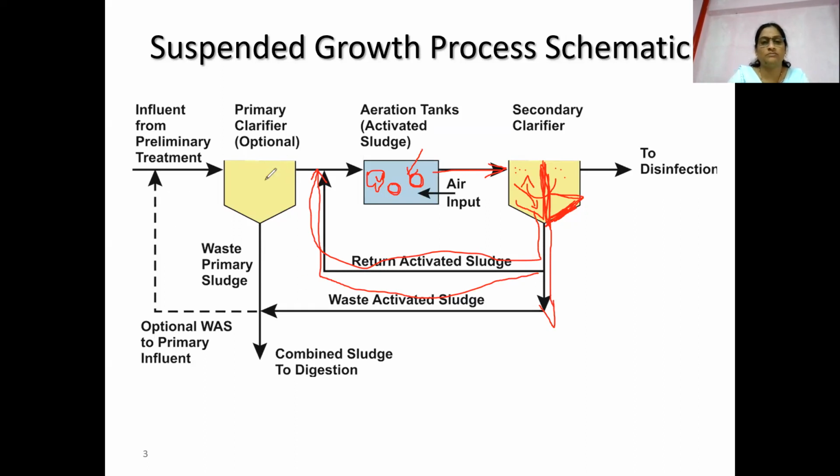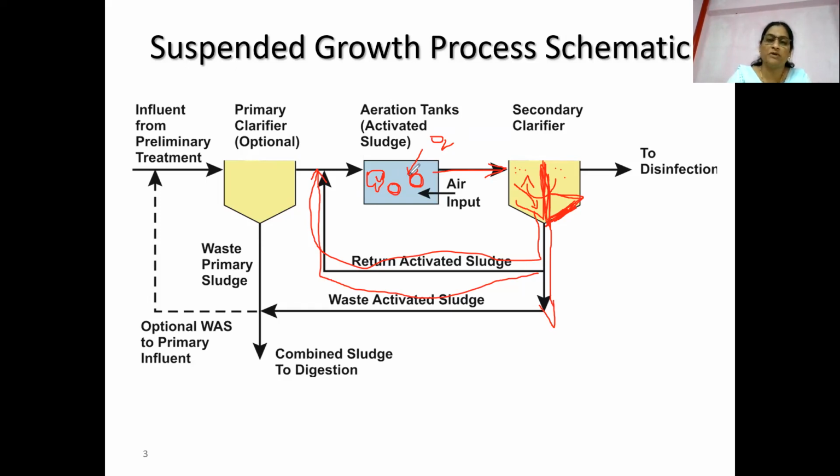That is our choice. Why are we returning this sludge? Because, as I told you, microorganisms are already present here. We are providing oxygen to them, and because of oxygen, they get sufficient energy, and because of energy, they are able to consume and decompose the organic matter.